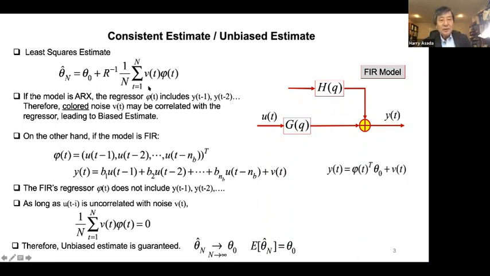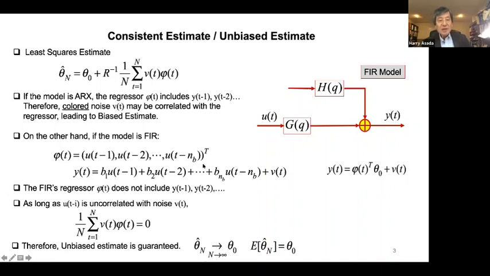However, if this regressor part contains only the input u, that is basically the FIR model, and it picks up only u's to create the linear regression. Linear regression parameters b's are factored out in this way, clearly separated.